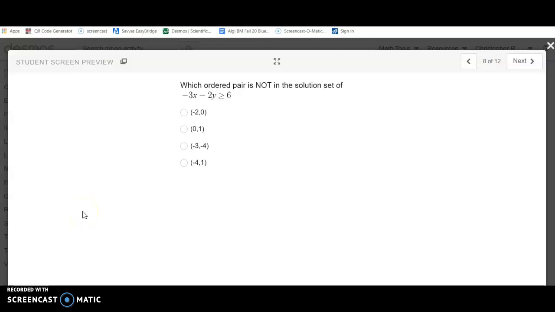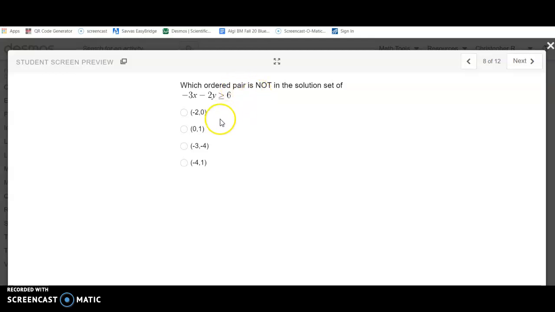Okay, now the next example I'm going to do is one in which it asks for a pair that is not in the solution set. So I'm looking for one that is not in the shaded area. So we're going to follow the same steps, but I'm looking for one that is in the white area. Okay, this is slide 8. So here we go.